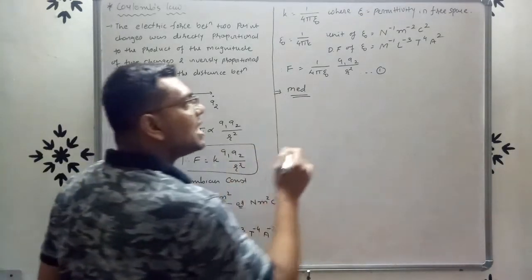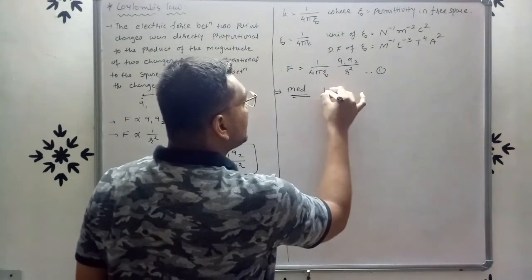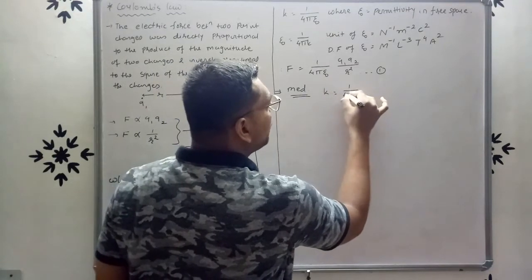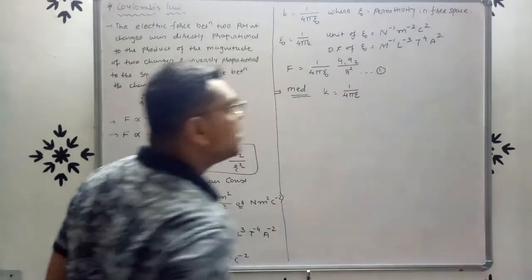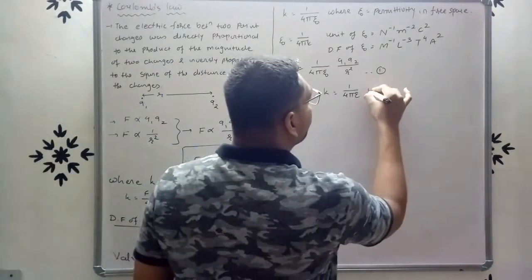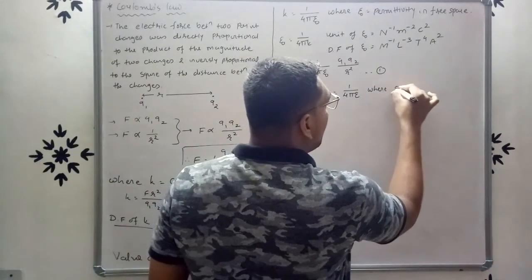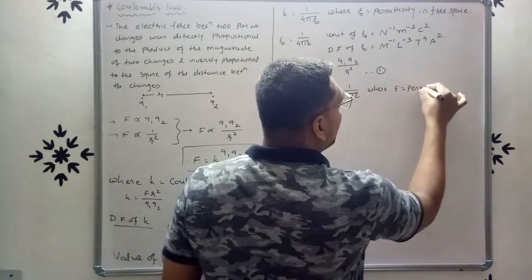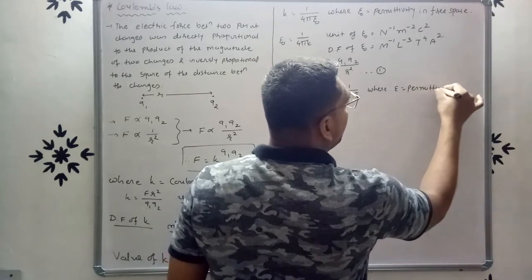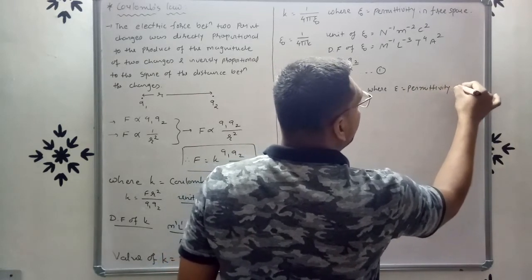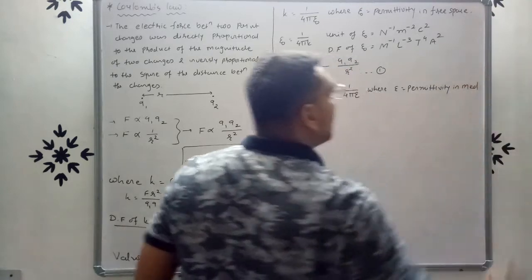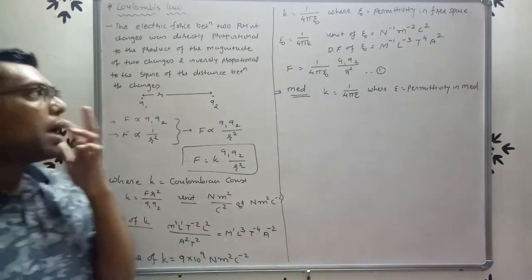But if a medium is there, then we have to take k equal to 1 by 4 pi epsilon, where epsilon is the permittivity in the medium.